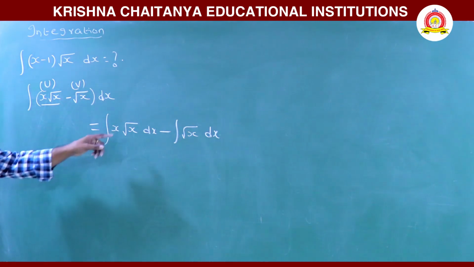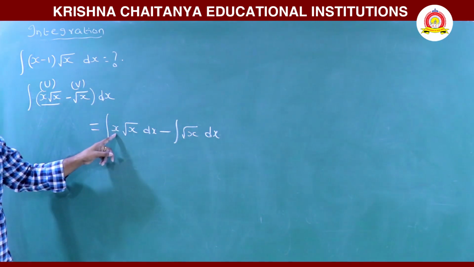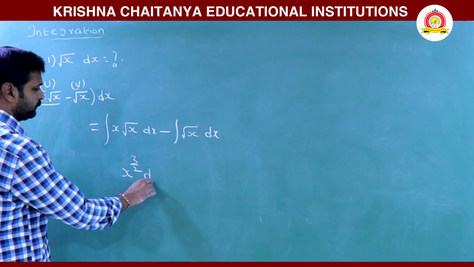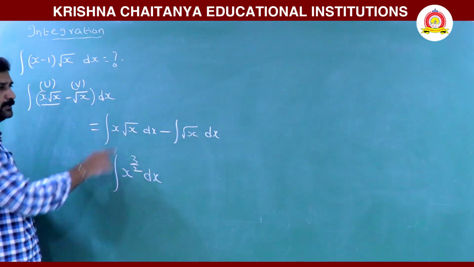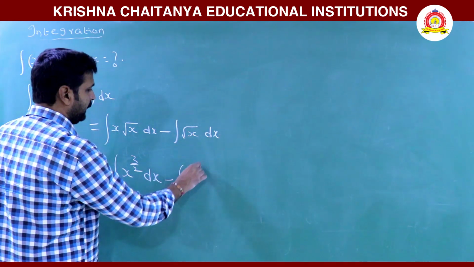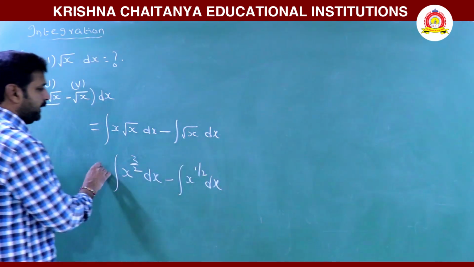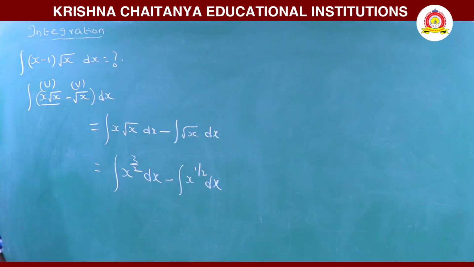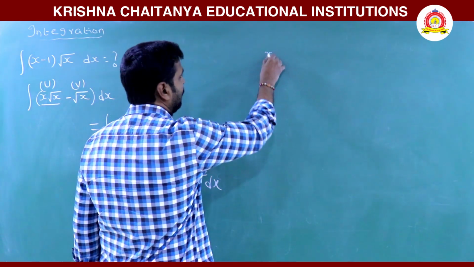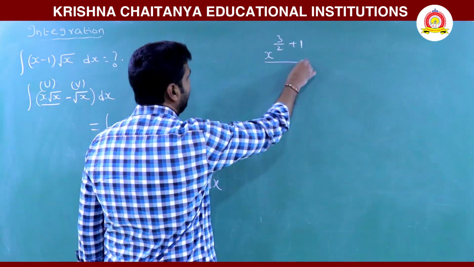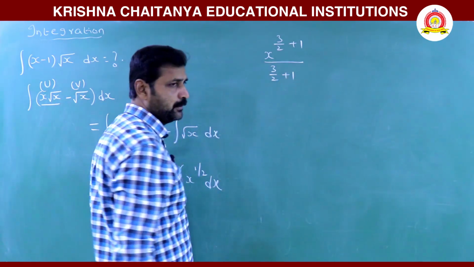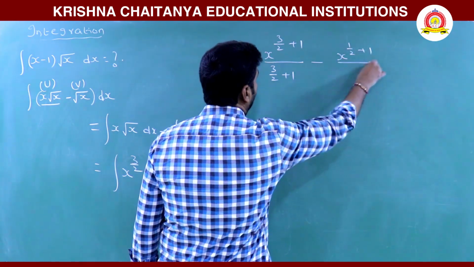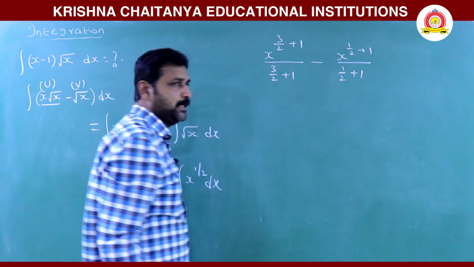Now this is x power half into x power 1, so it will become x power 3 by 2 dx, minus x power half dx. Now these are in the form x power n dx. So we can write x power 3 by 2 plus 1 by 3 by 2 plus 1, minus x power 1 by 2 plus 1 by 1 by 2 plus 1.